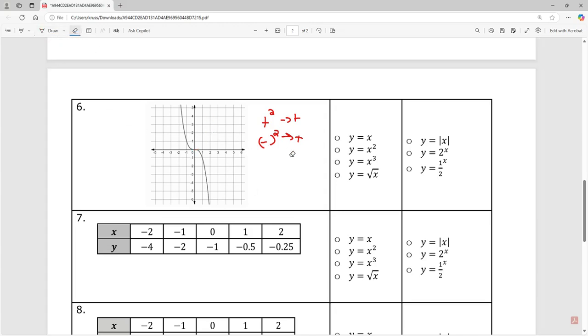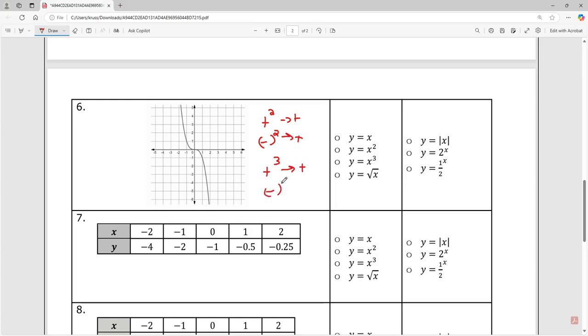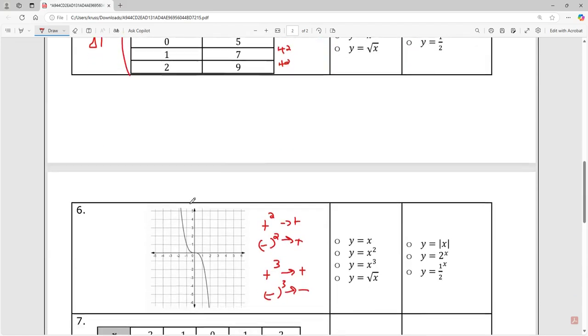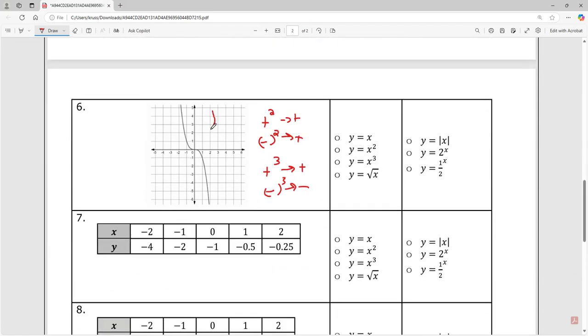But if you're taking something to the third, right? If you take a positive to the third, you get a positive. If you take a negative to the third, you get a negative. Right? So this is where you're going to have something that looks like this, or it could look like that too, like a chromosome, right?